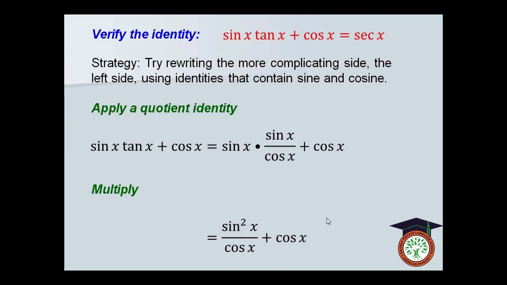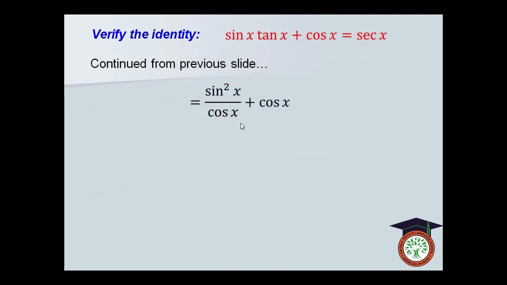Let's continue. From the previous slide, we reached this step. We have two fractions, because cosine x is supposed to be cosine x over 1. Can we add two fractions with unlike denominators? Of course not. We must reach a like denominator. So we make a cross multiplication here to make a common denominator, which is cosine x.